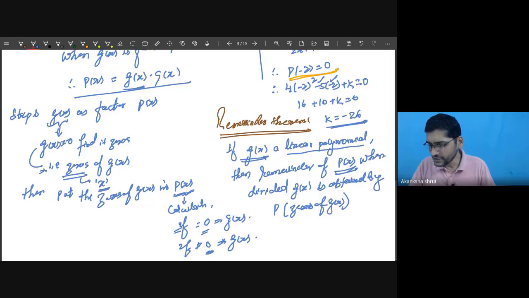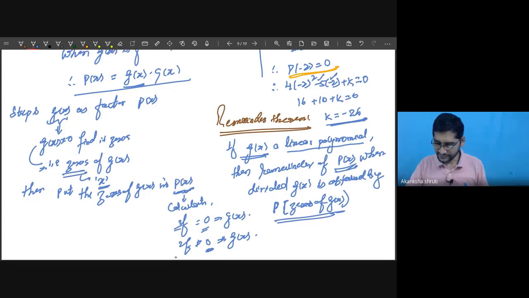So calculate the zero of g(x) and just substitute that value of x in p(x), you can get the remainder. So this value will give you the remainder.